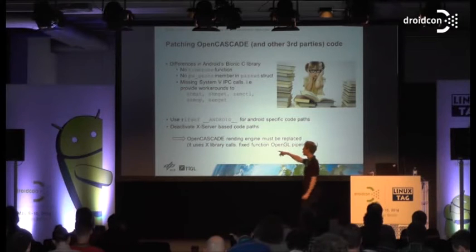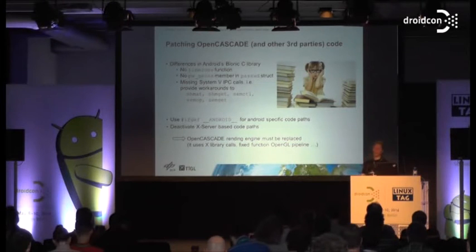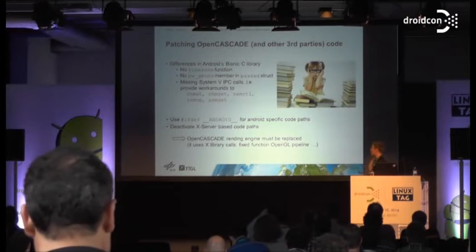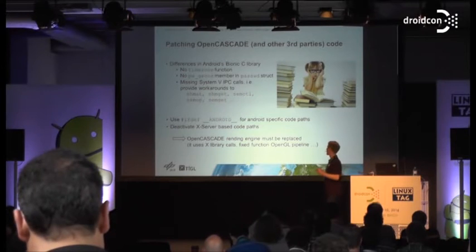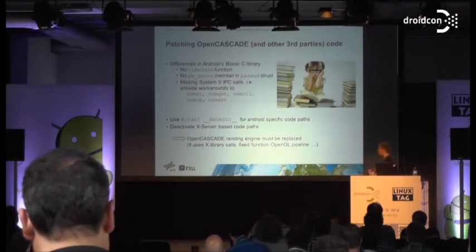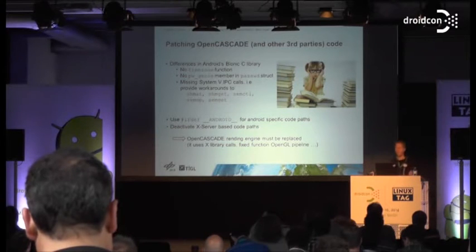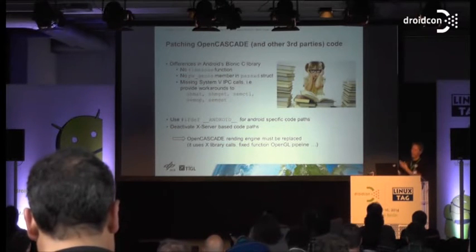And on Android you have this __ANDROID__ statement defined, so you can just tell from the code on which platform you're compiling. And then we had to deactivate all the X11 server-based code paths on the rendering part of the OpenCascade kernel. So what we did actually is just disable the rendering engine completely from OpenCascade, since it uses X11 and the fixed function OpenGL pipeline, which we didn't want to use, and replace that with OpenSceneGraph.